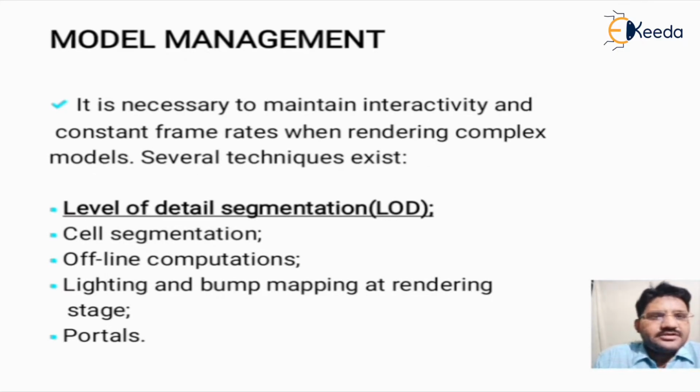In behavior modeling, it is necessary to maintain interactivity and constant frame rates when rendering complex models. There are different techniques: first is level of detail segmentation, second cell segmentation, then offline computation, lighting, and portals. In this video, we will discuss LOD.